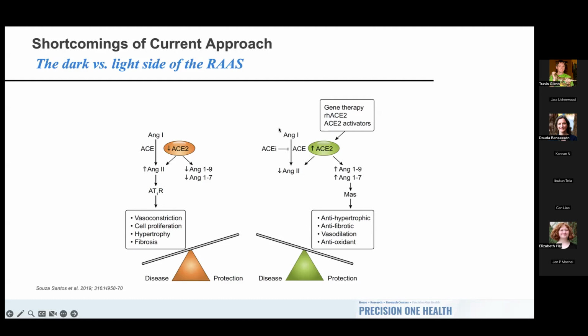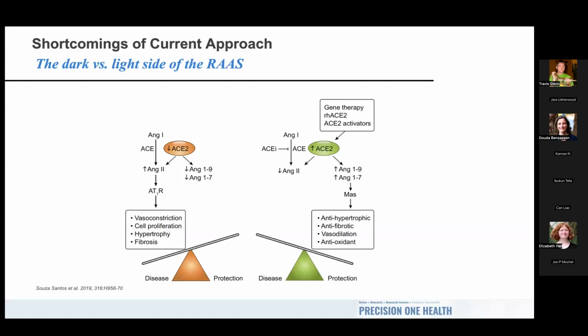And then an alternative pathway, this time centered around angiotensin 1-7 and 1-9, which exert an opposite effect to angiotensin 2. And so they have a beneficial effect overall, including anti-fibrosis, anti-hypertrophic, and antioxidant effects.